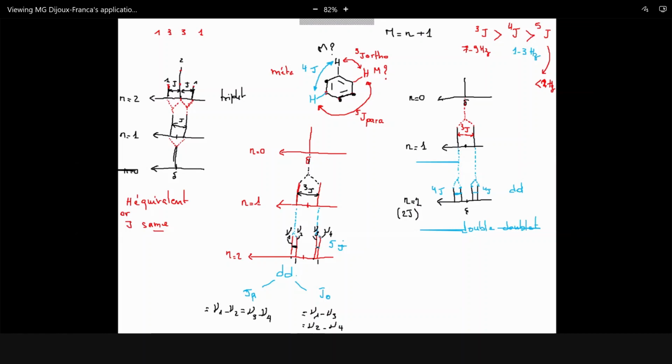And here in the triplet, as we have the same J, it will be nu1 minus nu2, and it's equal to nu2 minus nu3, because the distance here is equal to that one. Okay? So be careful about that, because your coupling constant will be wrong if you don't choose the right peaks.